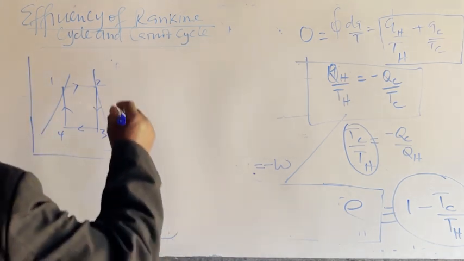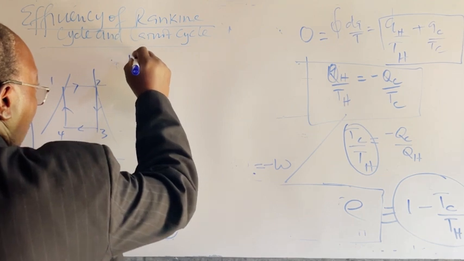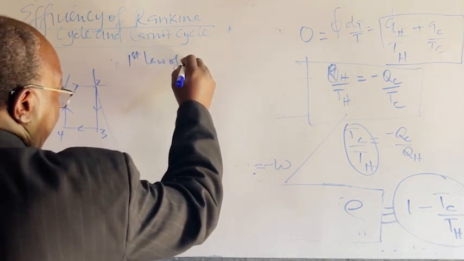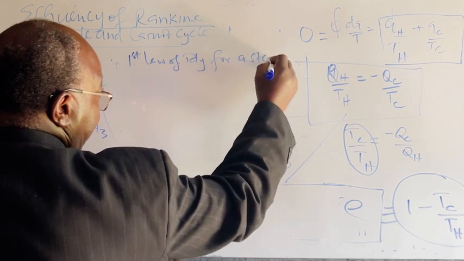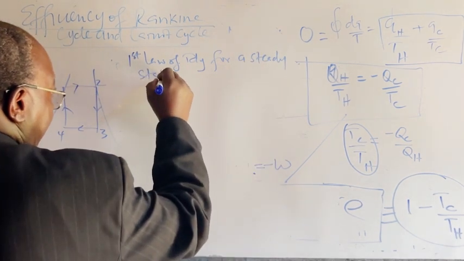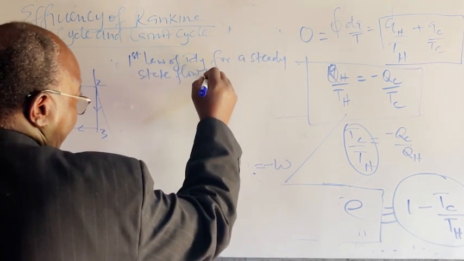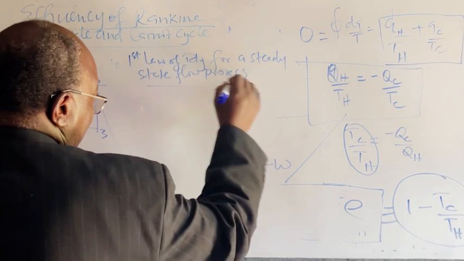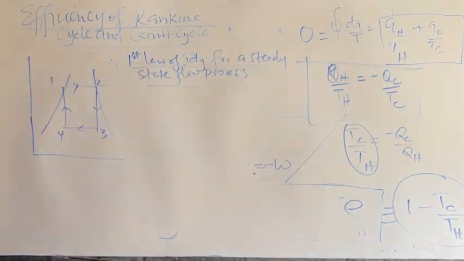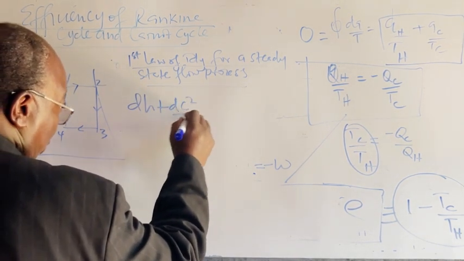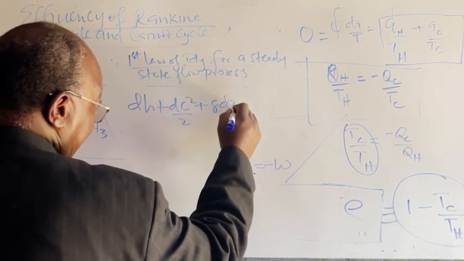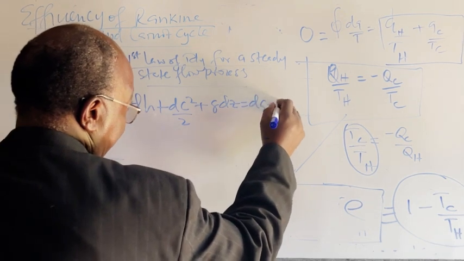Now, if we go back to our first law of thermodynamics for a steady state flow process, in one of those lectures in the series, we will see that dH plus d(C squared over 2) plus g dz is equal to dq minus dw.